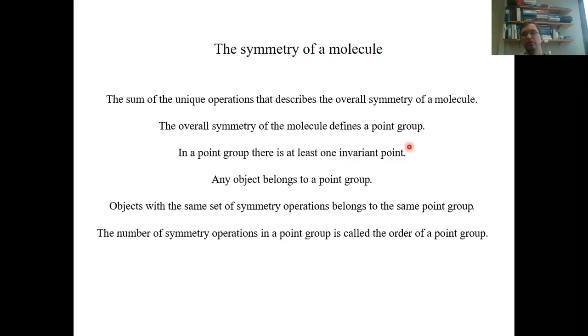So this is the point that does not move when we carry out the symmetry operations. Okay? So because any molecule has a set of unique symmetry operations, any molecule and any object in general belongs to a point group. Okay?